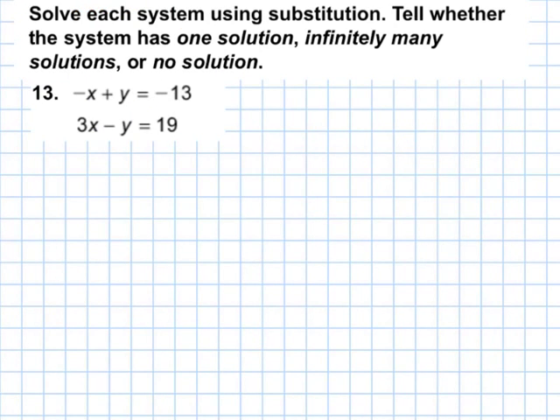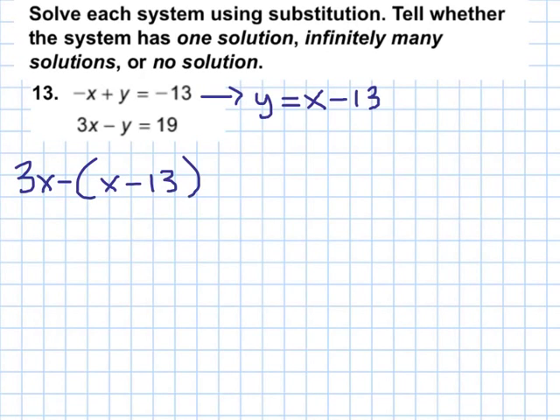Solve using substitution. So remember, substitution is where we solve for one variable. Here, if I add x to both sides, I get y equals x minus 13. Once you solve for y, we can plug everything in. 3x minus (x minus 13) equals 19.